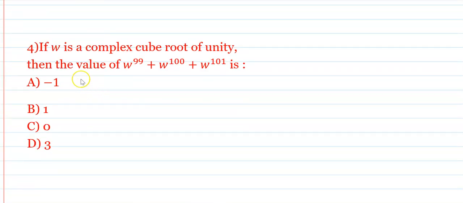Now next, if omega is a complex cube root of unity, then the value of, okay, we know that the value of omega cube, what is it? It is 1, and hence omega raised to 99 can be written as omega cube.